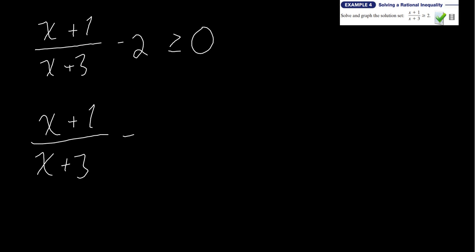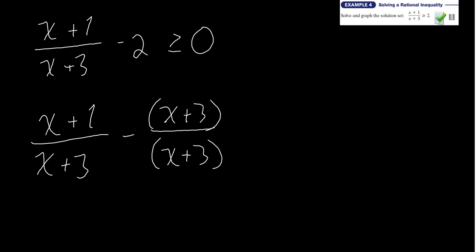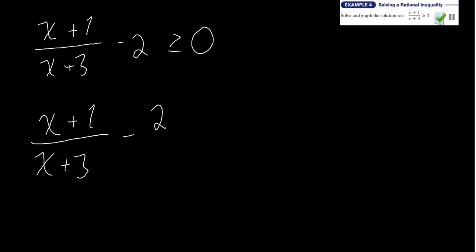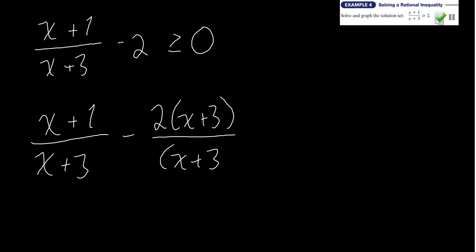So check this out, okay? I can say x plus 3 over x plus 3, all right? And then we have the 2 in front of it. And that's written kind of messed up. Let me correct that just a little bit. Well, we'll just start from the top instead. Okay, so what did I do here? The whole point of this is to get a common denominator, okay?